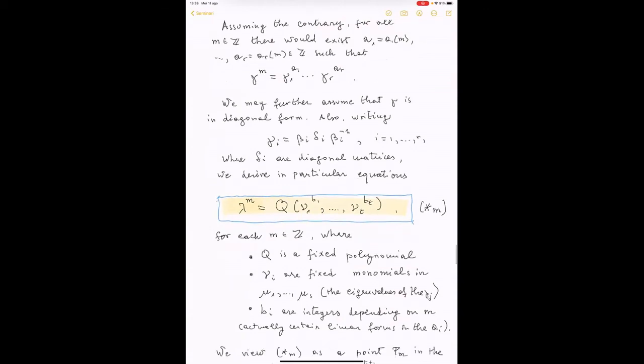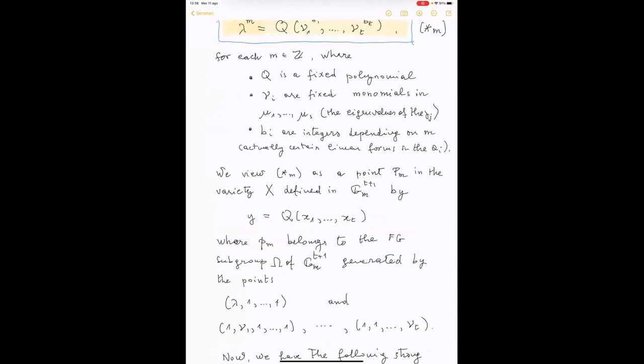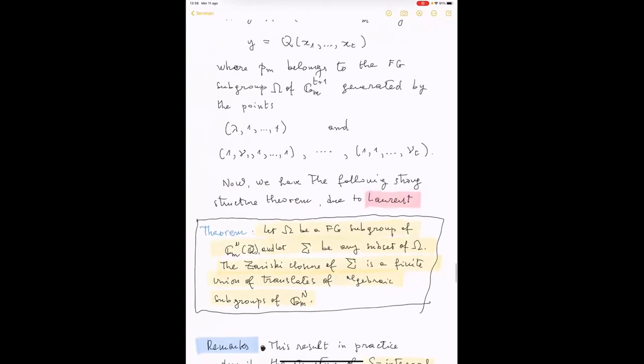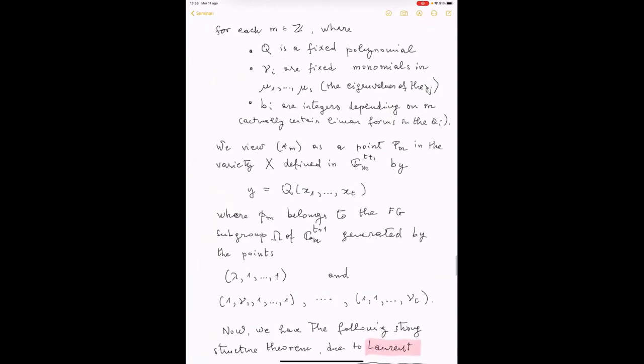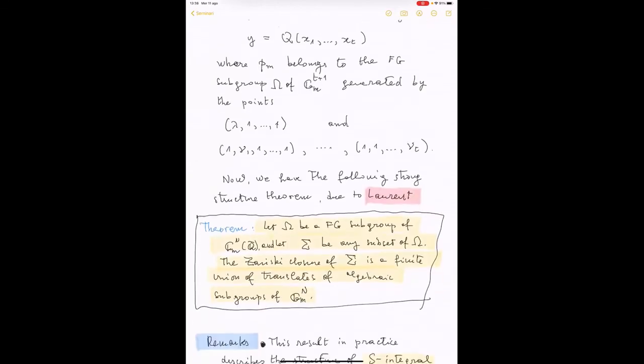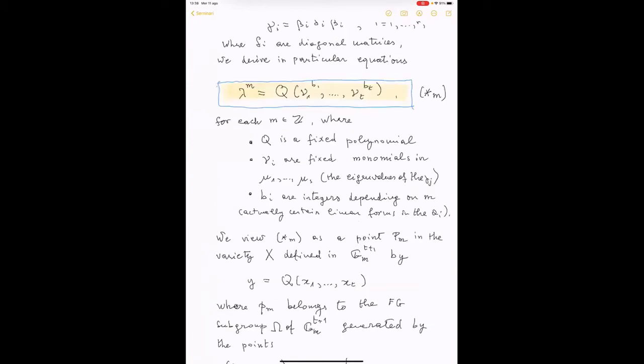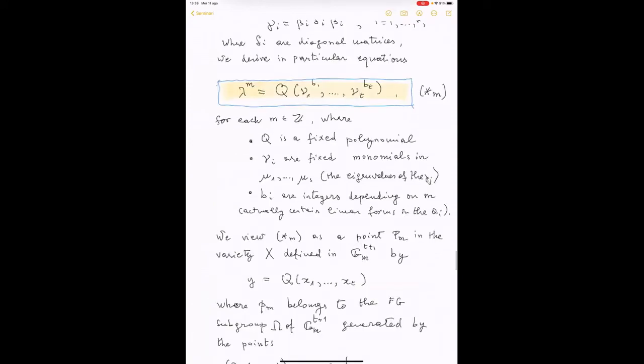So in a torus, the equation of the subvariety is just y equal to the polynomial evaluated in x1, ..., xt, and we have a point on that variety. And this point is in a finitely generated group because the exponential equation holds with fixed lambda, nu1, ..., nu_t.